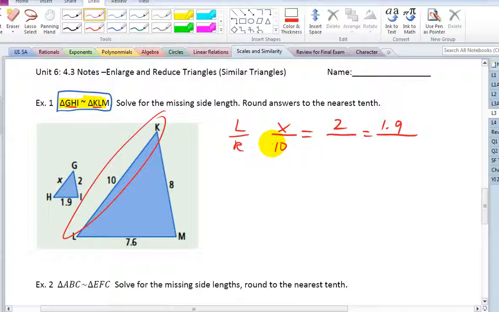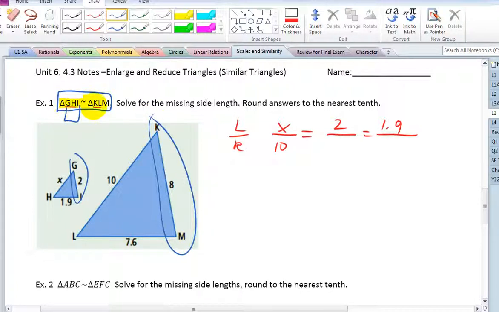Notice I didn't look at the diagram and just assume, because what does assume mean? Exactly. So, make sure you look at the name. Now the 2 is side GI. What side lines up with GI? KM, because it's the 2 outside letters.